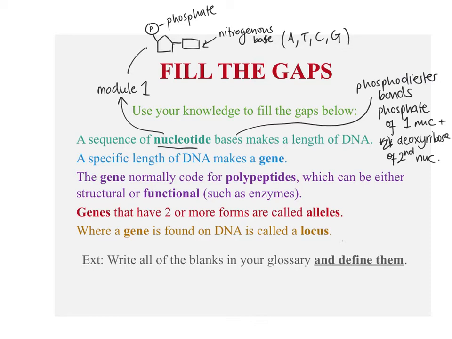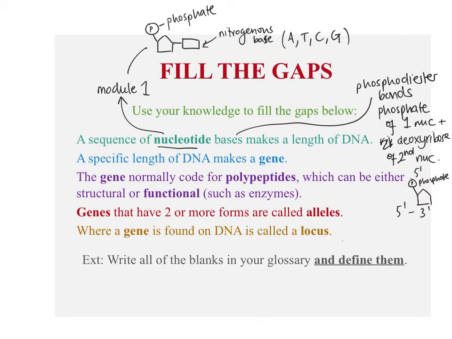Now, if you think back to your structure of DNA, we've got a 5' because it's bound to the 5th carbon on this ribose phosphate, and we bind our nucleotides in a 5' to 3' direction.